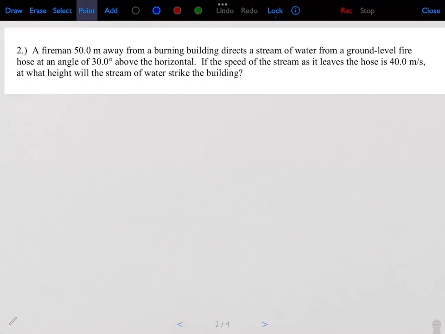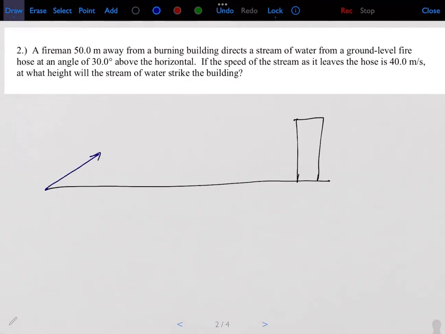Okay, so again, let's draw a picture here. Here's the ground. Here's the building. We have this stream of water that's leaving the ground at this point at a velocity of 40 meters per second.